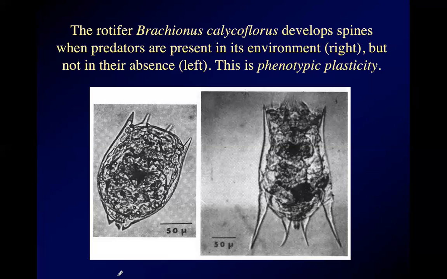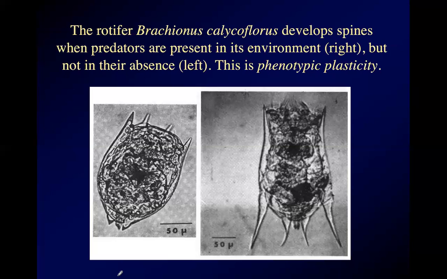If we were to add some predators, like the big rotifer Asplanchna that eats Brachionus, we would start seeing Brachionus sprouting spines. You can see them over there on the right. That's what Brachionus looks like when predators are present. In fact, Brachionus will grow those spines when there's no predators, but you expose it to water that the predators have been living in.